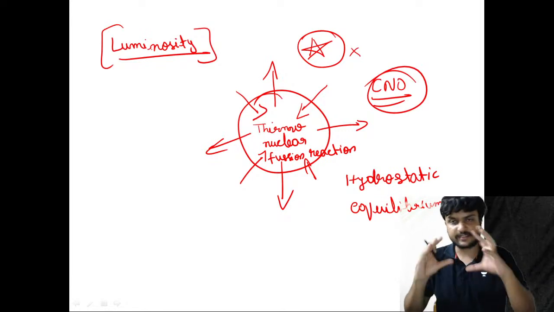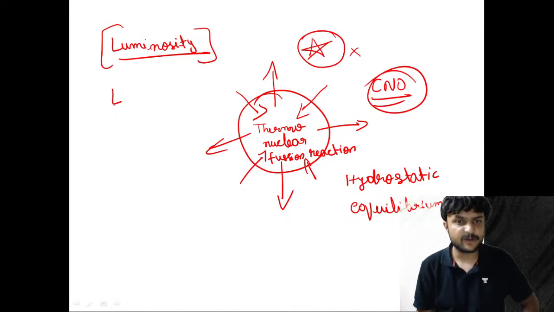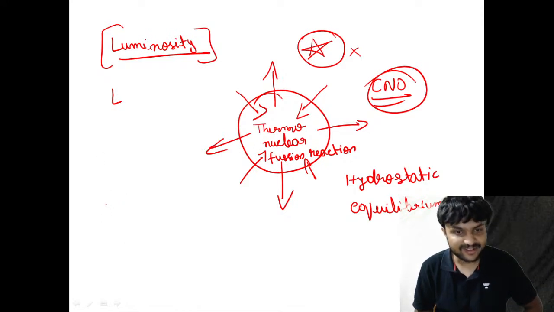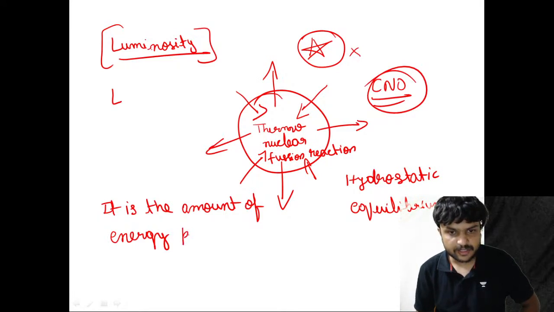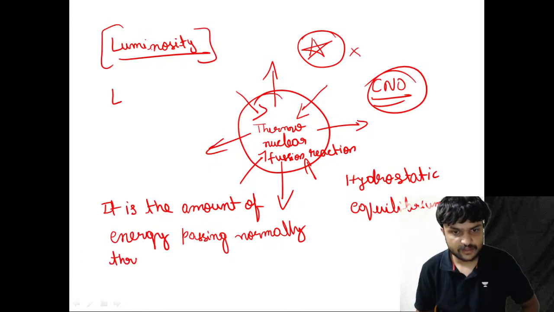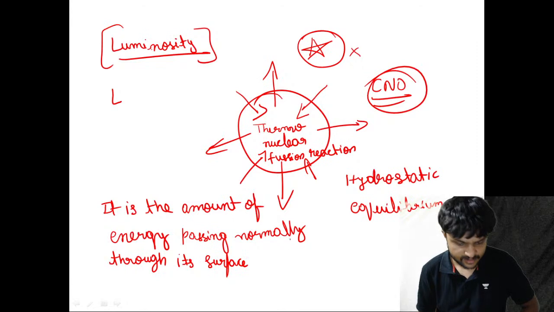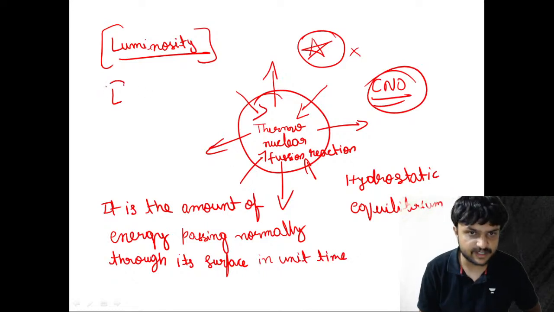Okay, if you consider certain time, how much energy is coming out of that surface, you call it as luminosity, and it is represented as L. If you want an English definition, you can write it as: it is the amount of energy passing normally through its surface in unit time. This is the definition of luminosity, and it is represented as L.